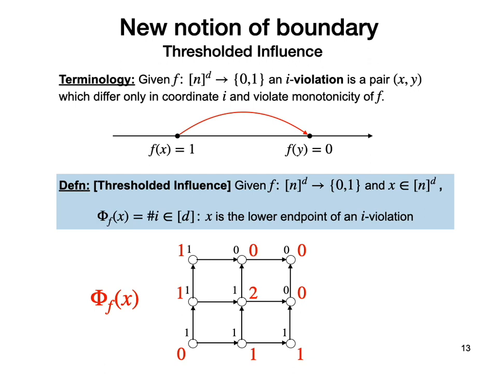The origin has thresholded influence 2 because it's the lower endpoint of a violation in both coordinates, whereas the top left point has thresholded influence 1 because it only takes part in a violation in the first coordinate. Also, here we're charging all of the violations to the lower endpoints, meaning that if the function has value 0 at a point, then it will just have thresholded influence 0.